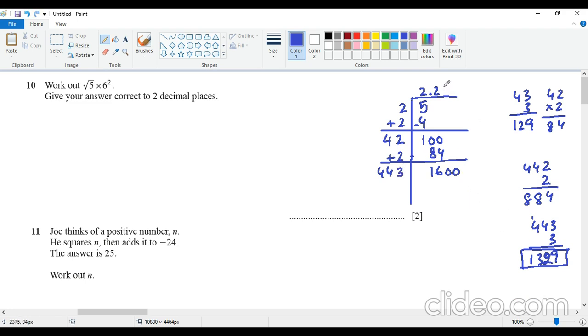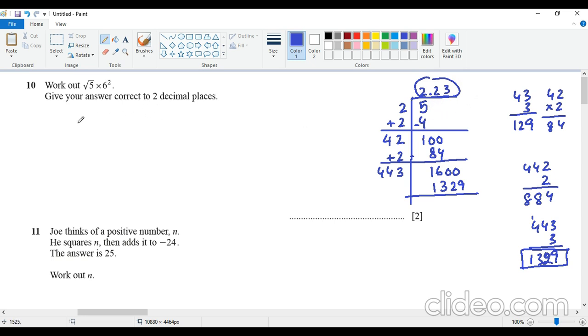443 times 3 is gonna give me 1329 actually. And this will keep on going, but I will use two decimal places for the root. So that means 2.23 times 2.23 is going to give me a number which is close to 5.